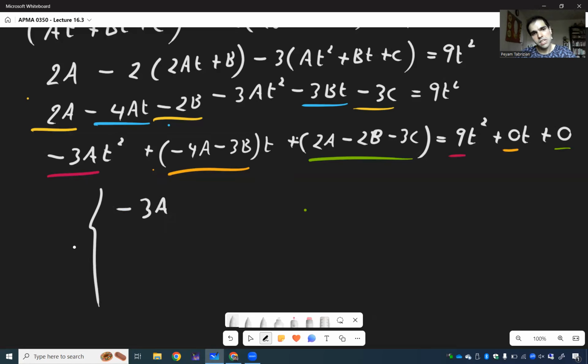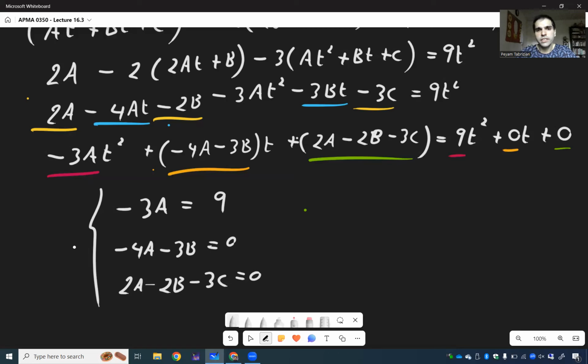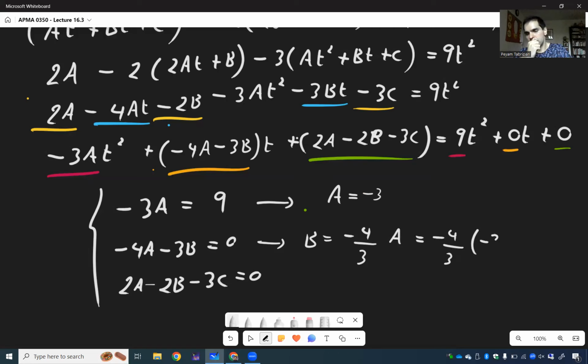Now it looks horrible, but you can solve it one step at a time. So a would be minus 3, and then b is minus 4/3 a, so minus 4/3 times minus 3. So b would be 4.